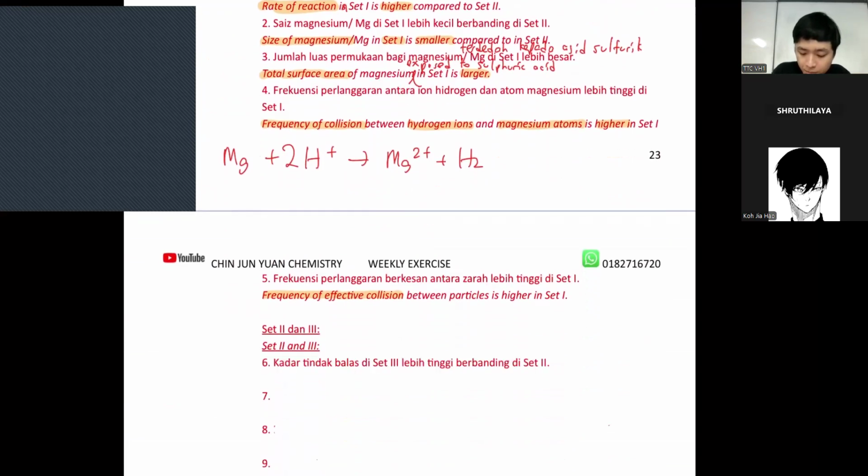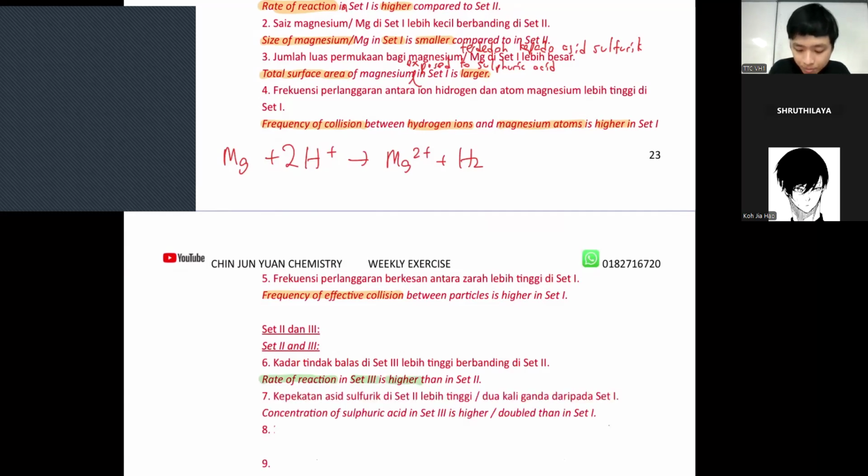So you can say rate of reaction in set 3 is higher than set 2. Then you say the concentration is also higher. You can say higher or double, because one is 1.0, the other is 2.0.